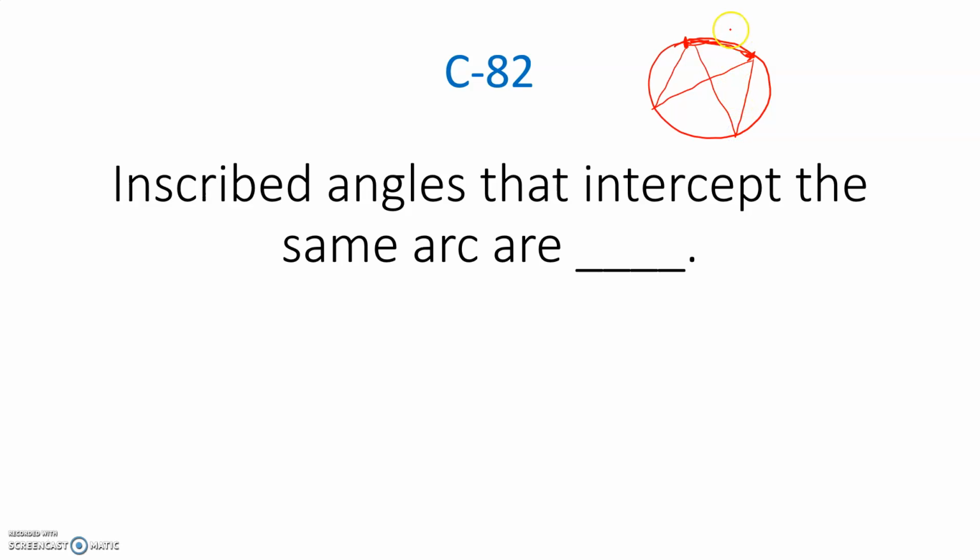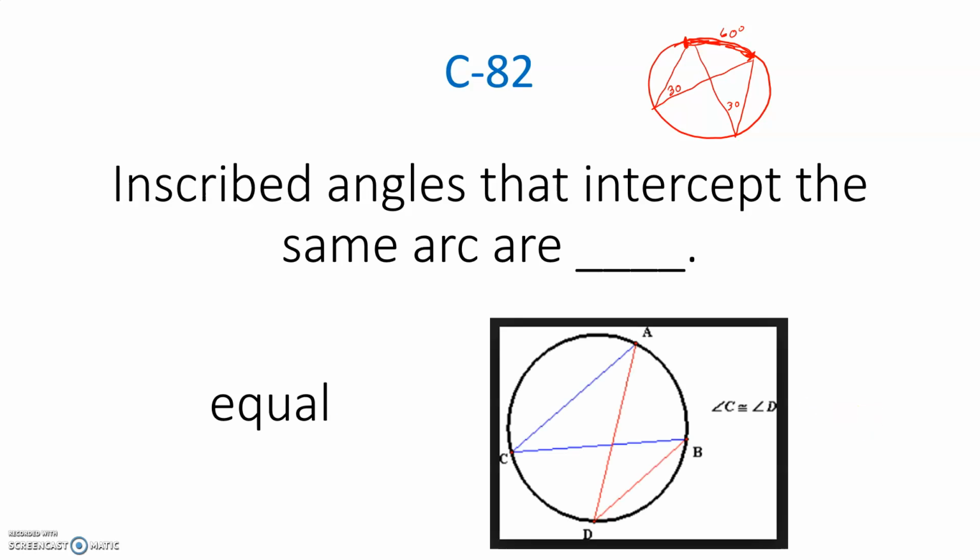Well, from the last conjecture, if this arc is 60 degrees, an inscribed angle would be half of that, and this other inscribed angle would also be half of it. So it seems that inscribed angles that intercept the same arc are equal. So here's this arc, and angle C would be equal to angle D.